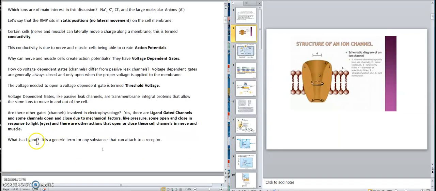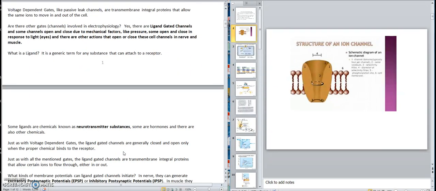What is a ligand? Remember we said ligand-gated channels. It's a generic term for any substance that can attach to a receptor. That means this substance attaches to the receptor and opens up the ligand-gated channels. Hopefully this document can help you.